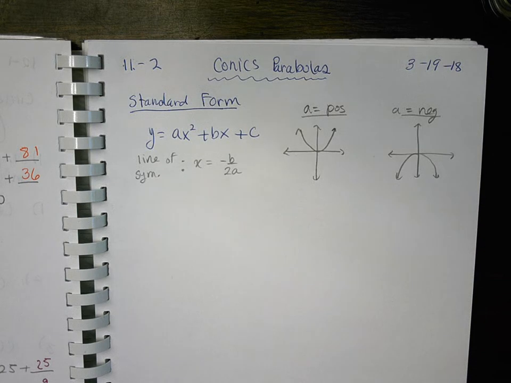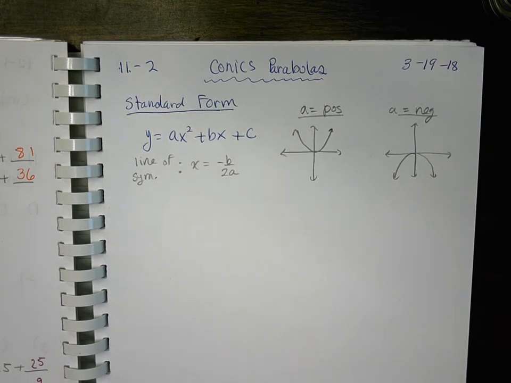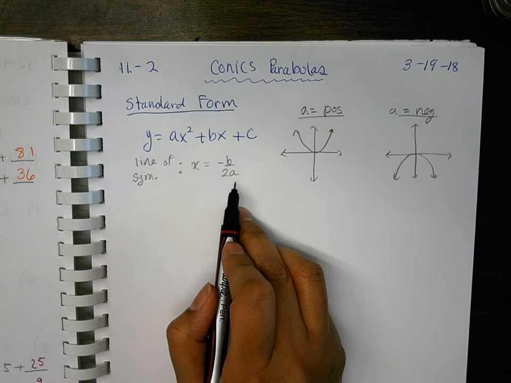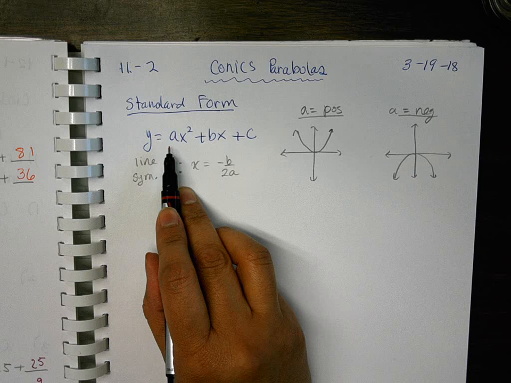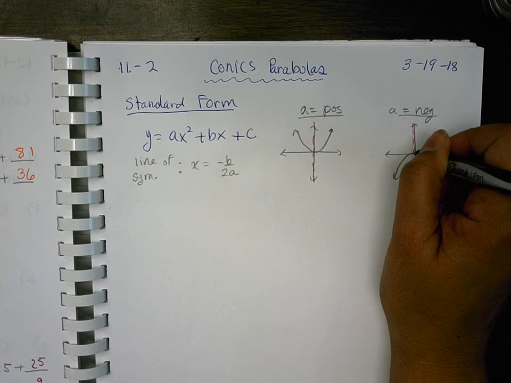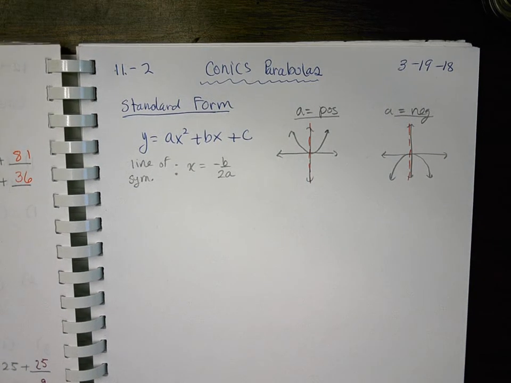So if they're asking you to find the LOS and it is in standard form, you take the opposite of b and divide it by 2 times the leading coefficient a. And that's going to give you your line of symmetry, or sometimes called the axis of symmetry, just in case you ever do see that, you know what it means.